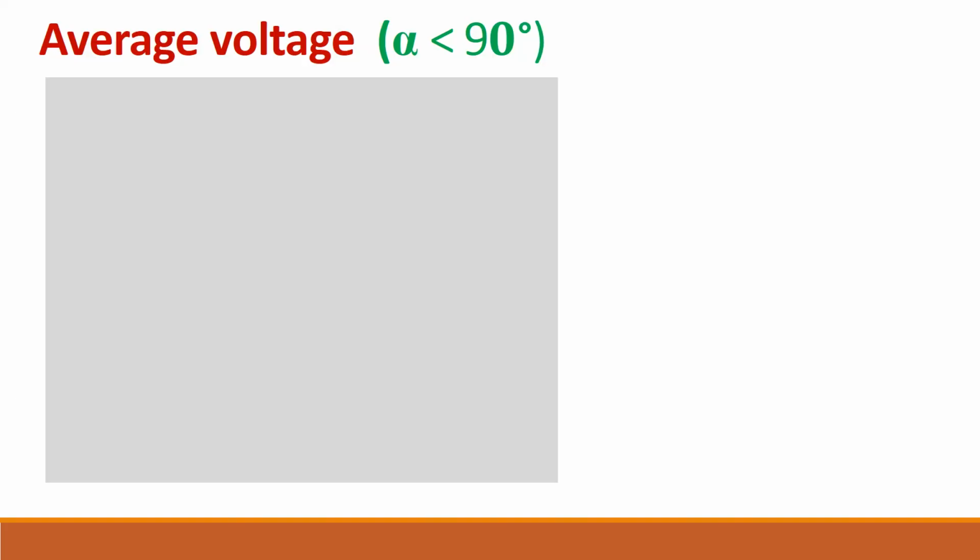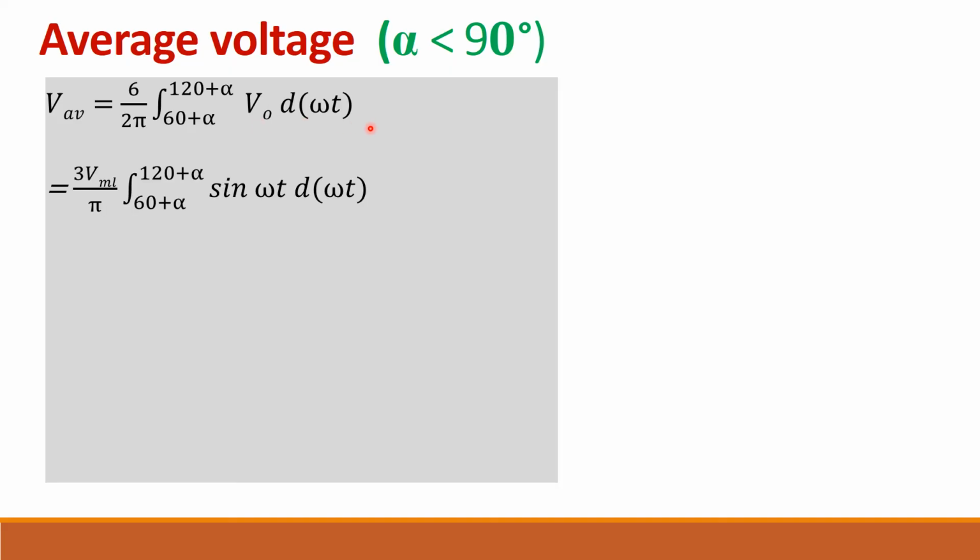So let us find the average voltage for alpha less than 60 degree. So V average is equal to, you can see that there are 6 pulses in one full cycle. So full cycle is 2 pi. There are 6 similar patterns. So 6 divided by 2 pi, and limits are 60 plus alpha to 120 plus alpha, V naught into d omega t.